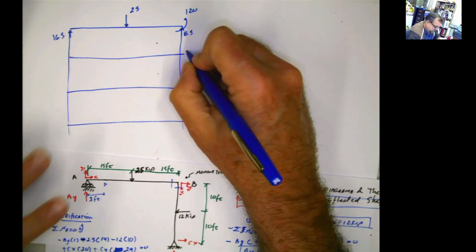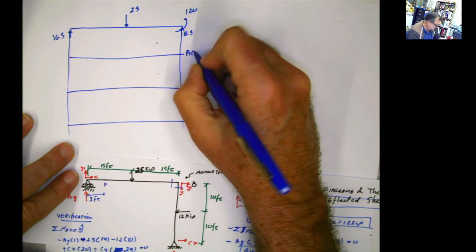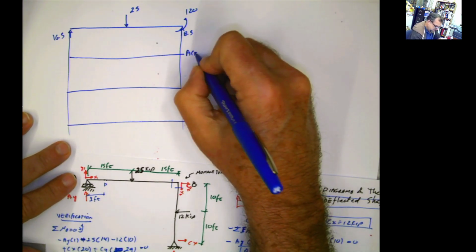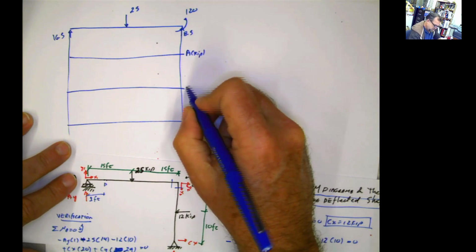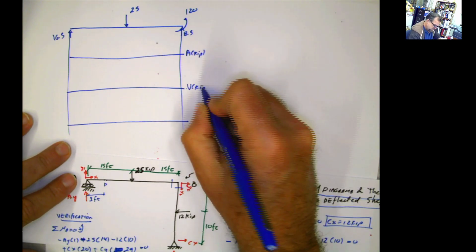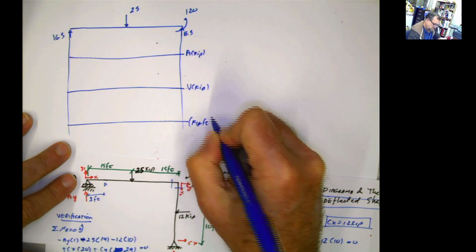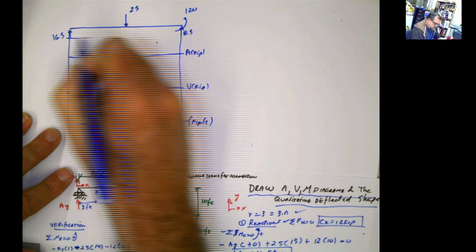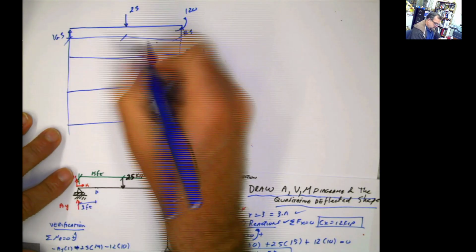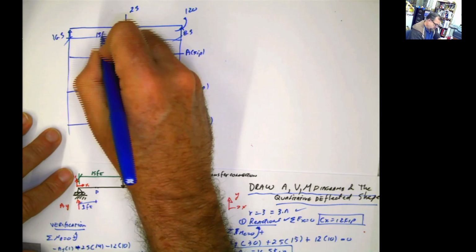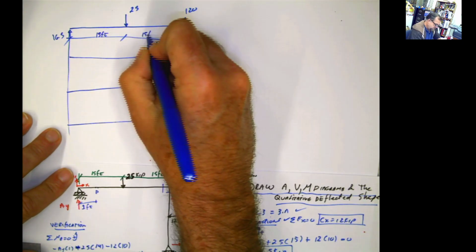Axial, and let's do the axial in, everything is in kips, right? So kip, shear in kip, and moment in kip-feet. Distances, distances, distances. I like how straight this distance is. 15, 15.